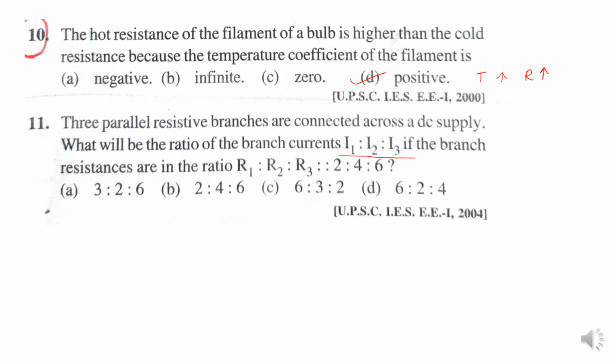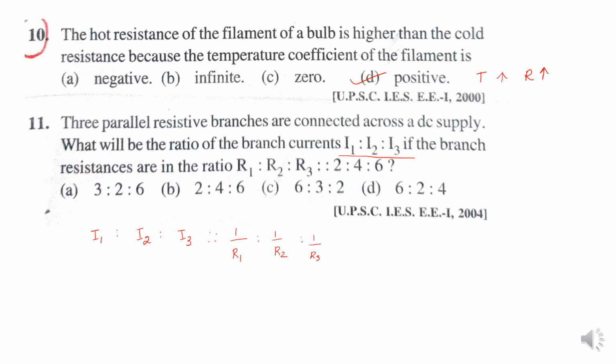Now I am going to find out the ratio of current. So what is the ratio of current? I1 is to I2 is to I3 is equal to 1 by R1, that is the relation between current, is to 1 by R2 is to 1 by R3.